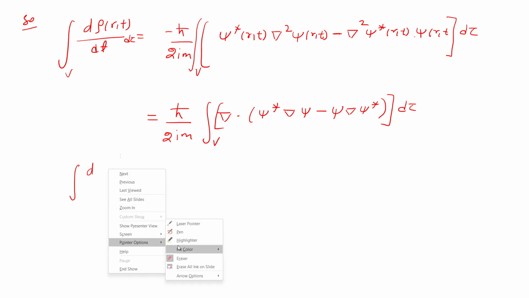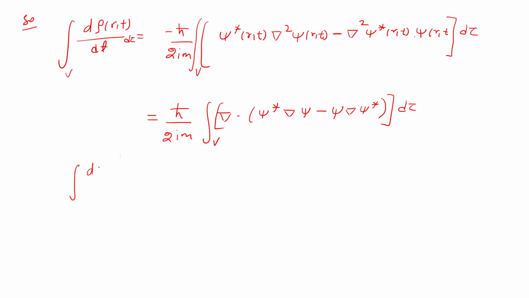So here we have the probability function dP/dt, that is equal to minus integration of del dot. This whole quantity we will replace with J, including this h cut over 2 iota m. Here, sorry, we have a minus sign also.